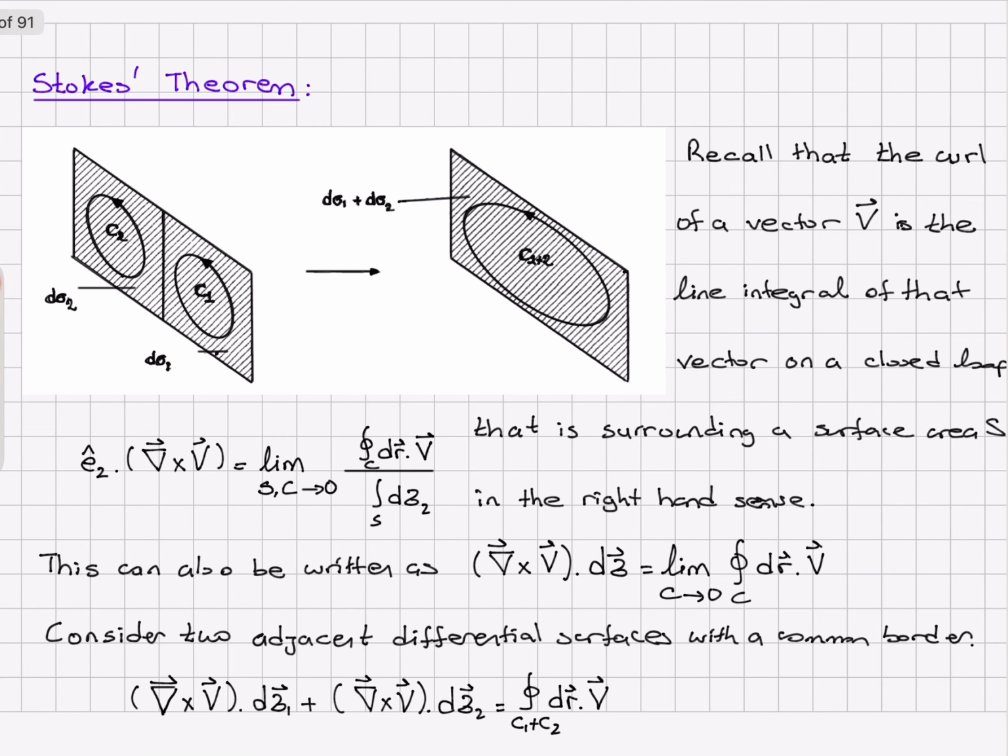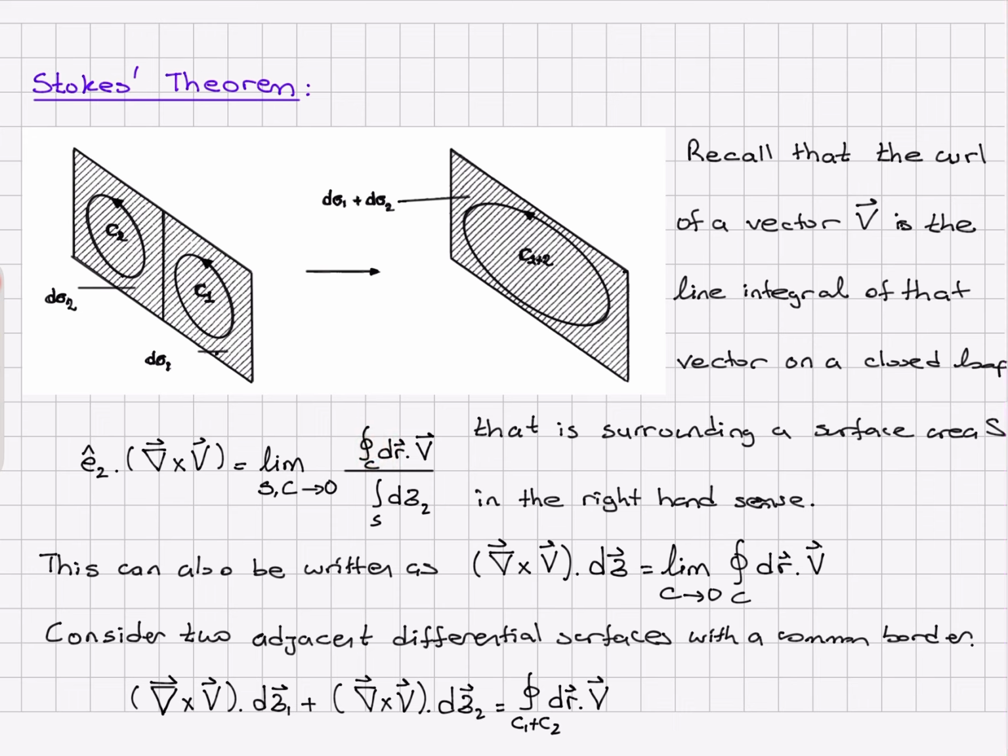Now we have recalled the definition of the curl, one of the line integral definitions of the curl, which is the curl of a vector field V, Z component is the limit as S and C go to 0, the closed path integral C dr dot V divided by the surface integral d sigma Z. Now this is basically implying that we have a surface and we have a boundary of the surface on which we're performing the closed path integral.